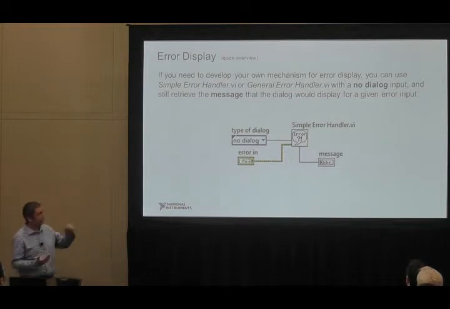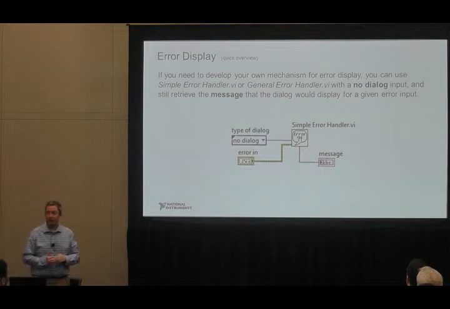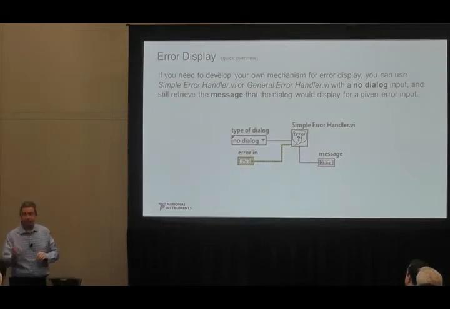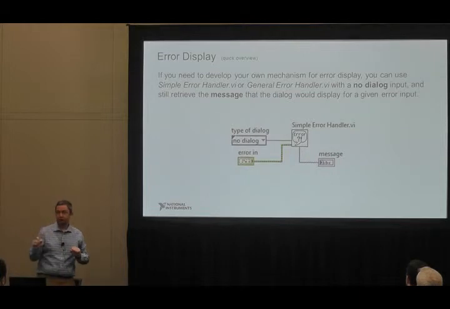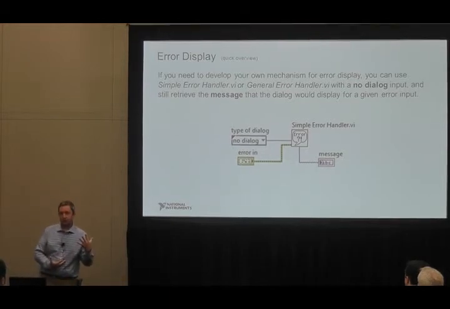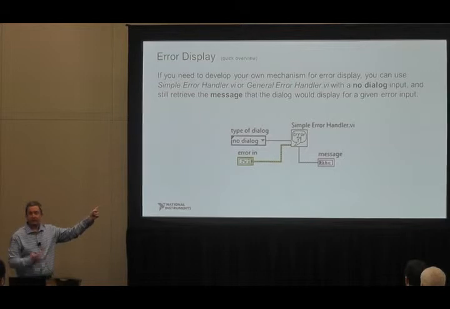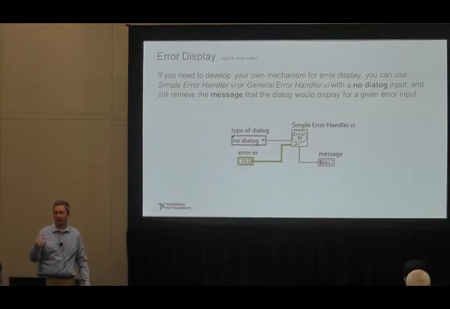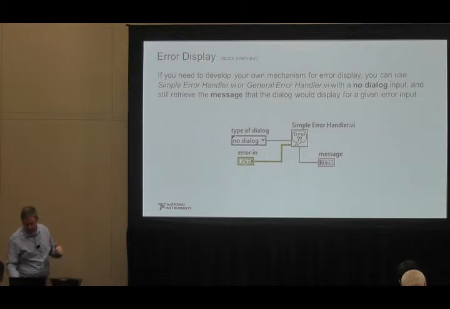In case you didn't know, you can actually wire an input of no dialog to that VI. And when you do that, it will not pop up a dialog. But what it will do is give you back a string that gives you the value of the message that would have been in the pop-up dialog. So if you're designing your own way to display error information for whatever reason, use this trick to get the string that we would be displaying in that dialog, and then display it however you decided to in your own custom error display mechanism.